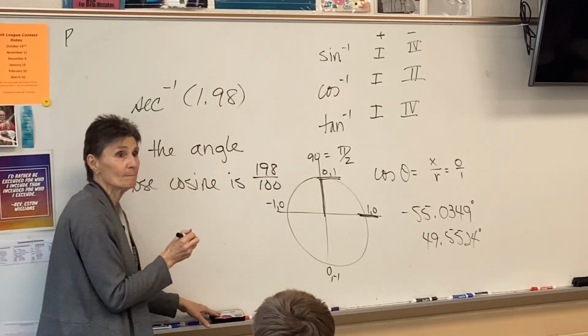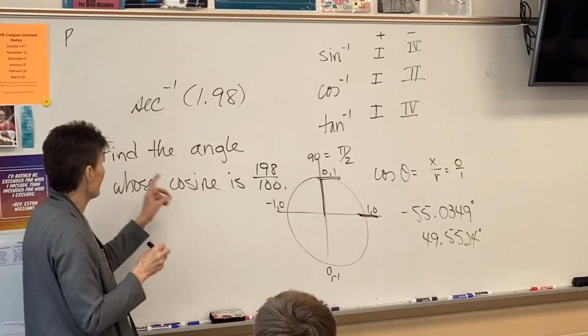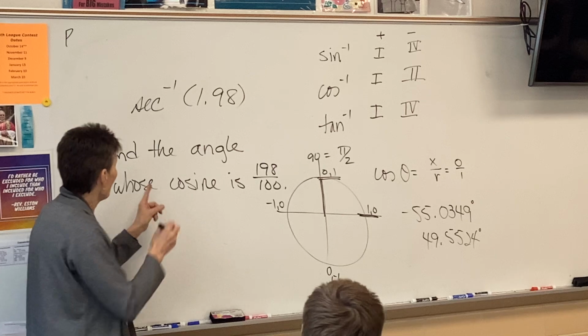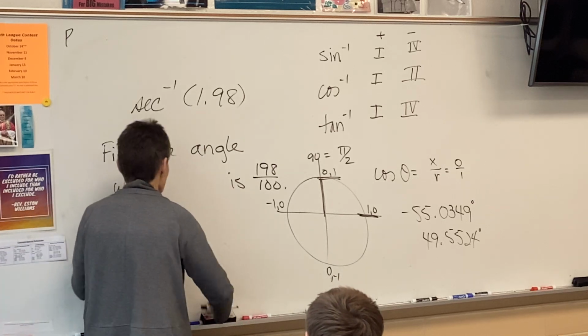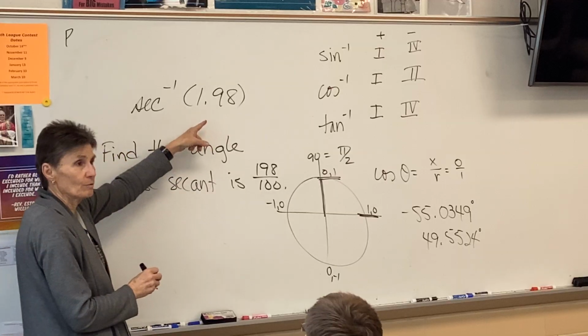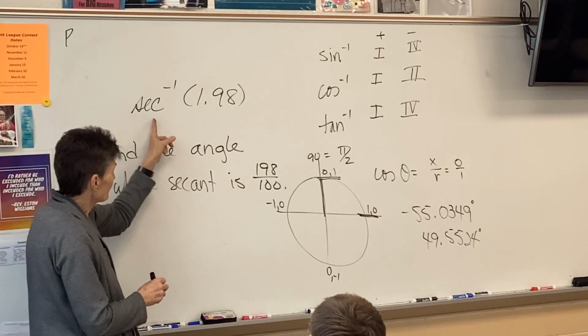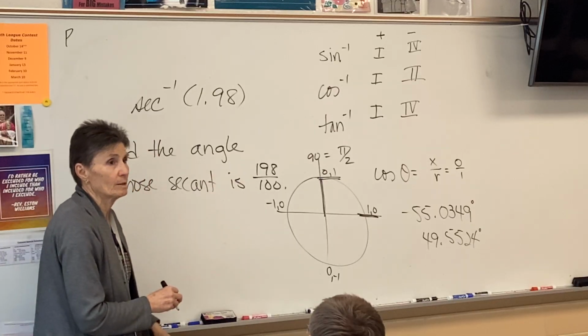Would you agree with that? I just stopped. I haven't done anything yet. I'm just reading the problem. It says find the angle, oh, whose secant, I'm sorry, it says secant. Whose secant is 198 over 100.